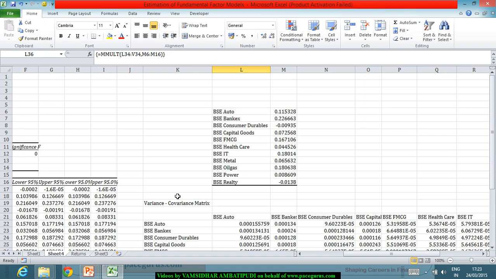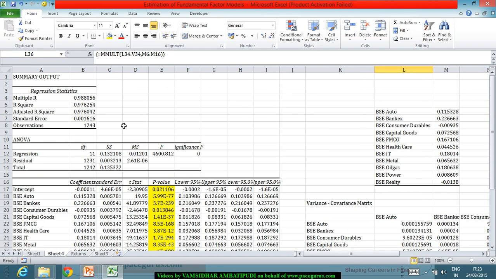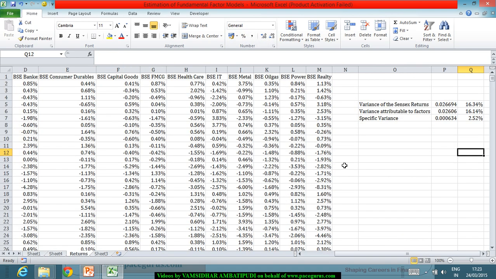The same thing, if I'm looking at here, I should get the standard error when I'm multiplying it with the square root of 245. Approximately it is coming out to a similar number, 2.53%. We have got it as 2.52%.